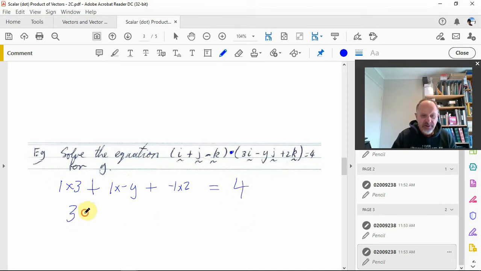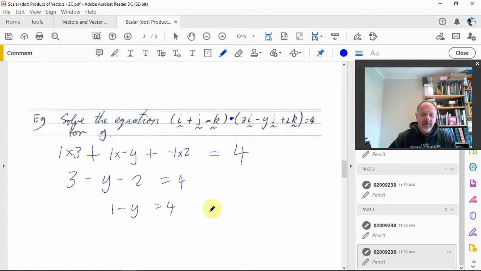So 3 minus y minus 2 has got to equal 4. And so we've got 1 minus y has got to equal 4. And so y then, I believe, should have to be negative 3.